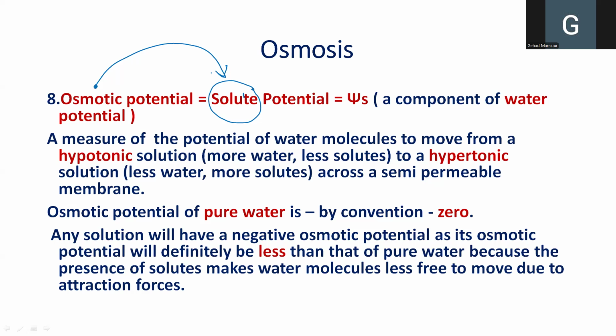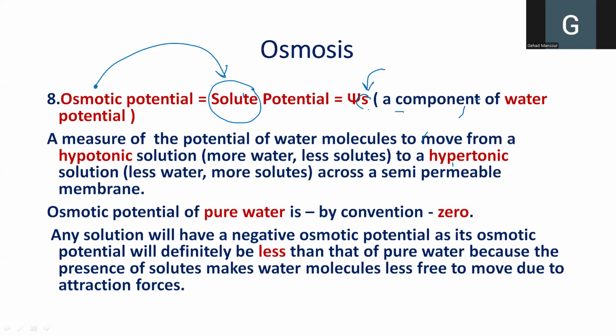So osmotic potential or solute potential has a symbol which is psi s. This Greek letter, which looks like a W in English, is called psi, and psi s means that it is related to the solute.